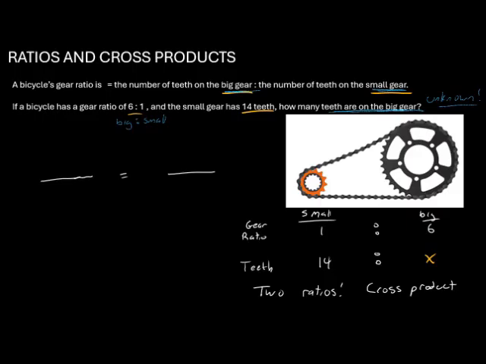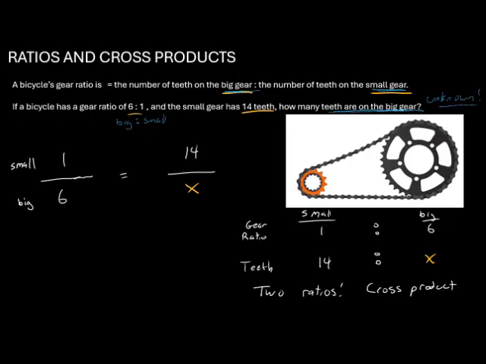My first ratio is 1 small to 6 big. I'm going to write my smalls on top and my bigs on the bottom. 1 will go next to small and 6 will go next to big. Then my other ratio is 14 small to X big. I know that my number of small was 14, but my big ones I don't know. I'm going to call that X.